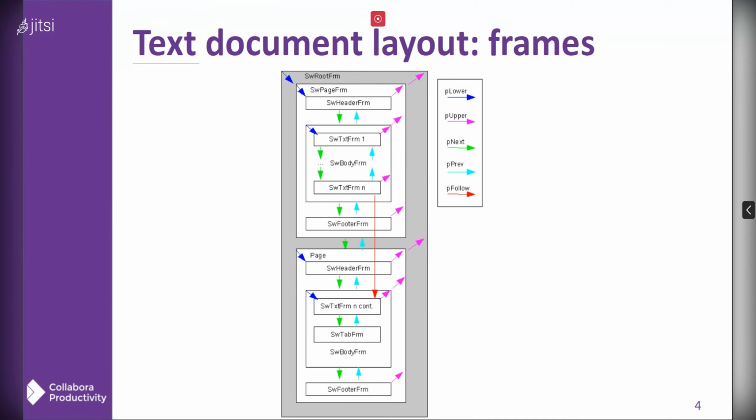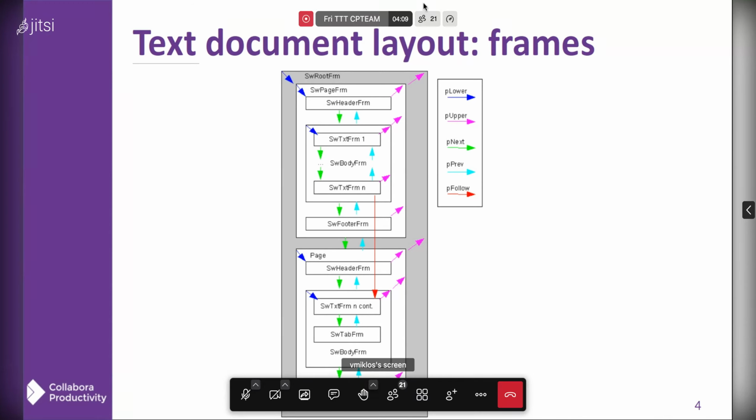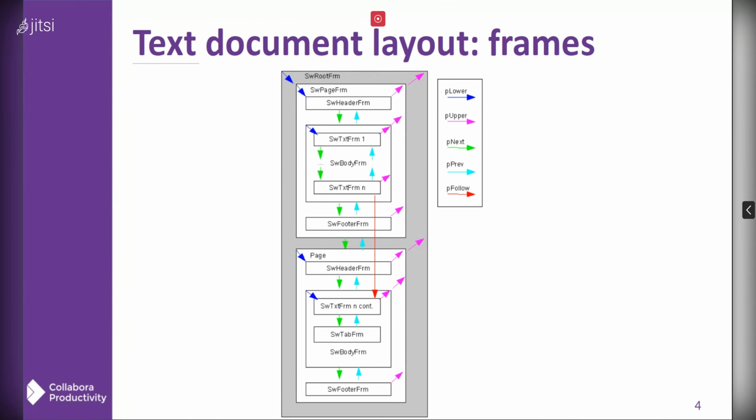It's in a form which is easy to import from an on-disk file, and it's easy to serialize back. Of course, it has its own complexities, but it's roughly in that form. In case you have a document with 10 paragraphs, then in the ODT file or DOCX file, you can find some XML markup of 10 paragraphs, and the document model will have 10 text nodes for you. So there is a one-to-one mapping there.